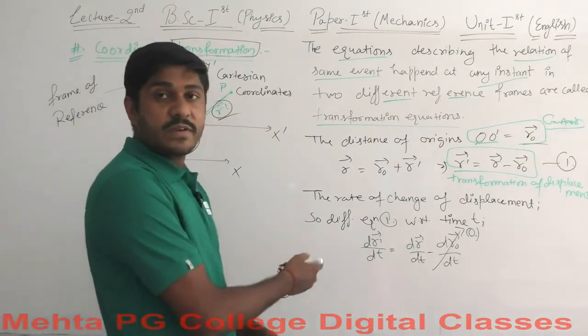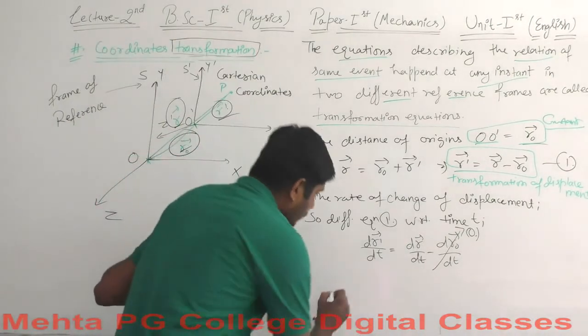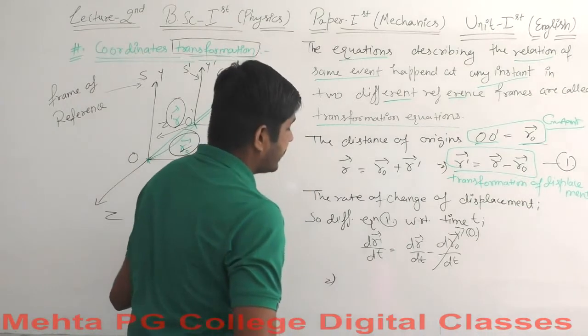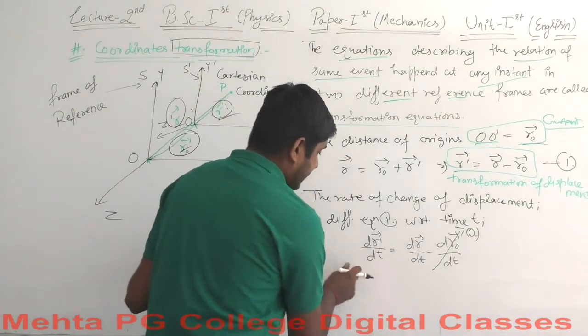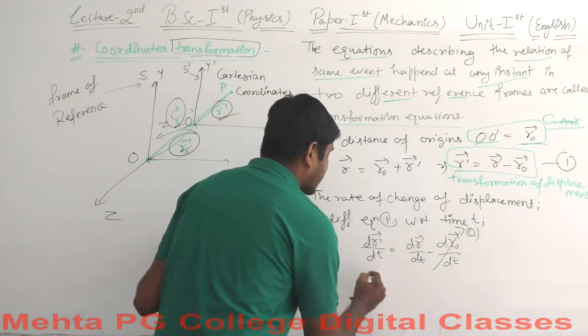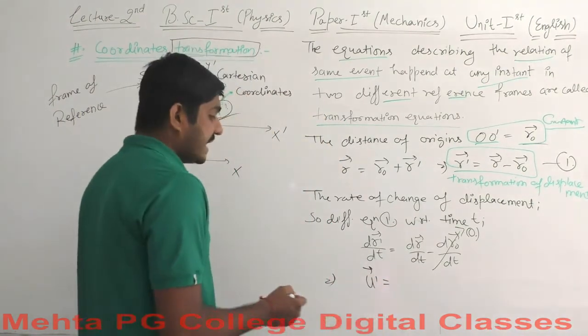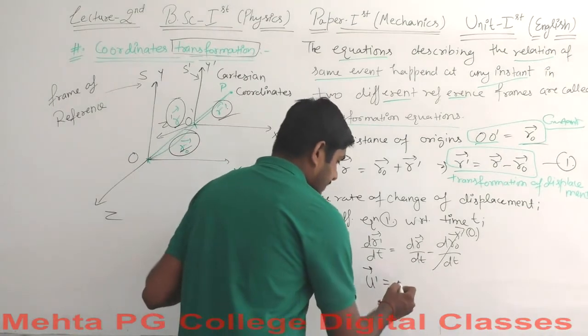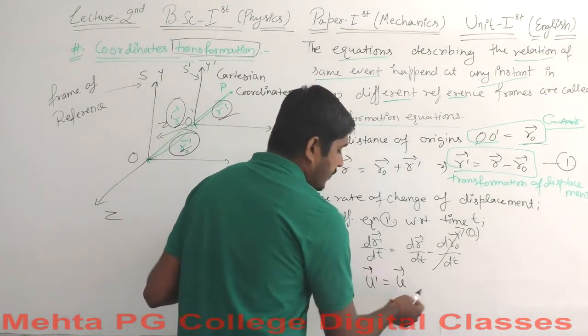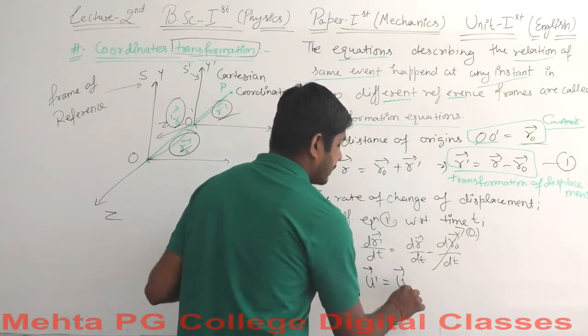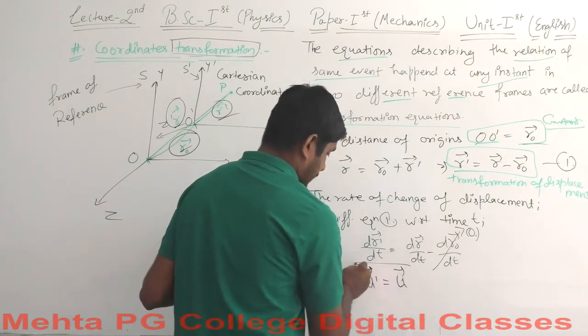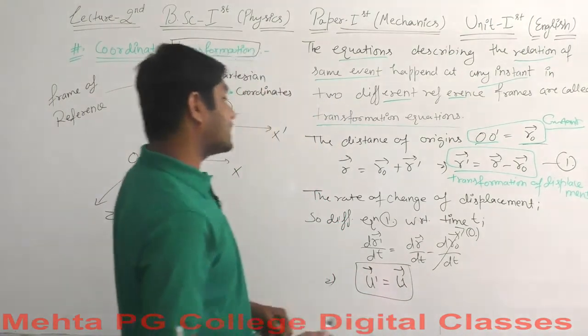So then it will be equal to dr dash over dt, which is u dash here, representing the velocity, u dash is equal to u vector. So this is the transformation.